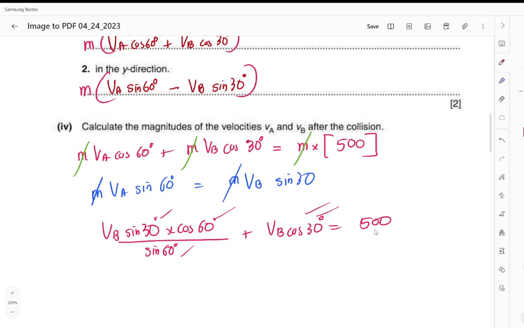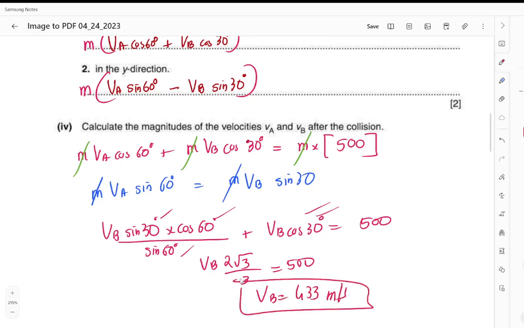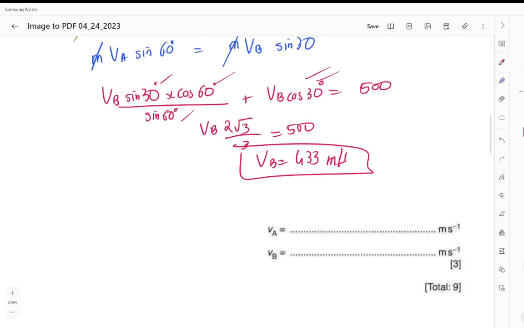So we get the value of VB: VB times 2 under root 3 divided by 3 is equal to 500. So 500 divided by the answer gives us a value of VB as 433 meters per second. This is done. After the collision, the value of VB is 433. So we can also write this as 430. Actually, I'm just going to write it down as 430.